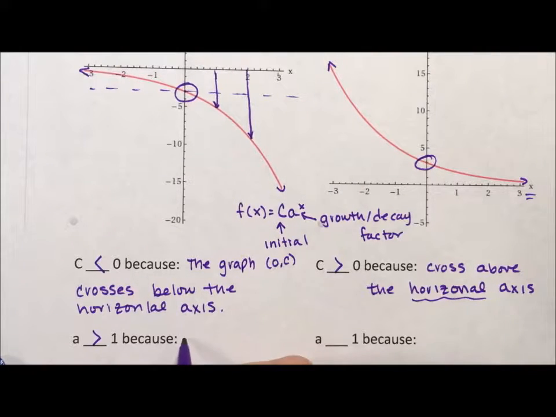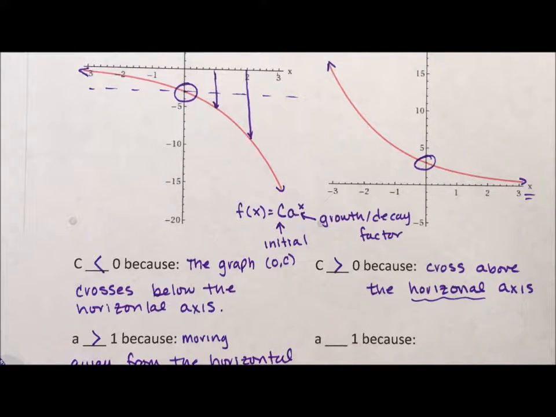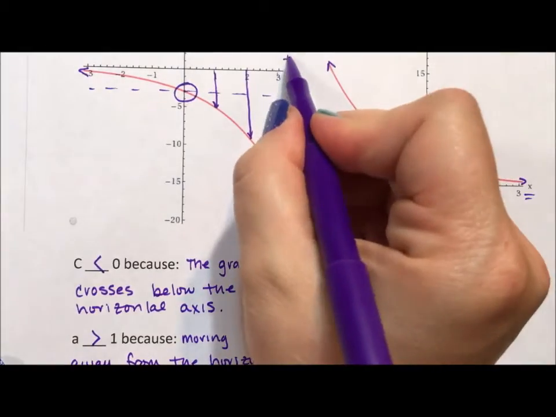And I guess it's because we're moving away from the horizontal axis as we move forward in time, as we move forward towards the positive.